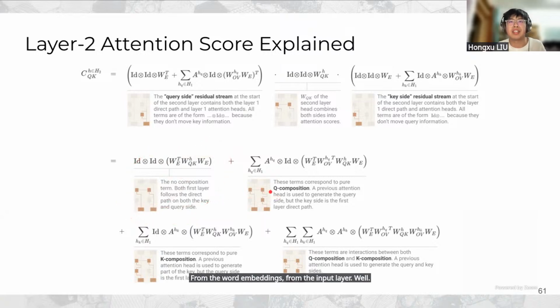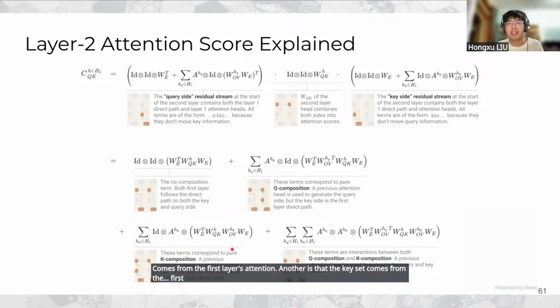Another is that the query side comes from the first layer's attention. Another is that the key side comes from the first layer attention. And the most complicated one is that both the query and the key side come from the layer 1 attention.